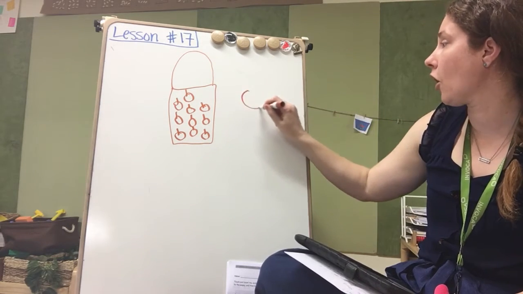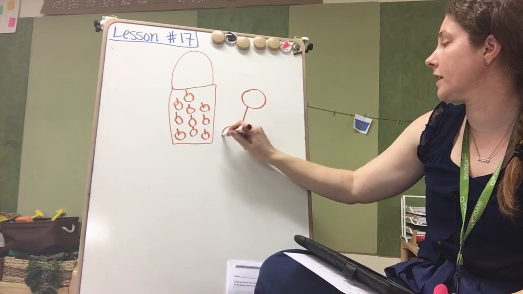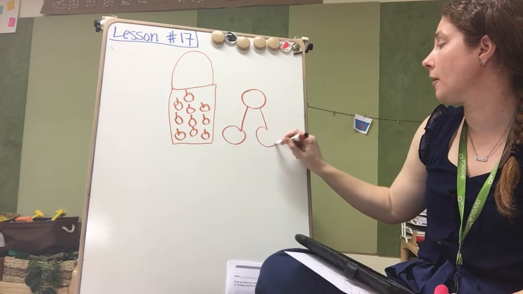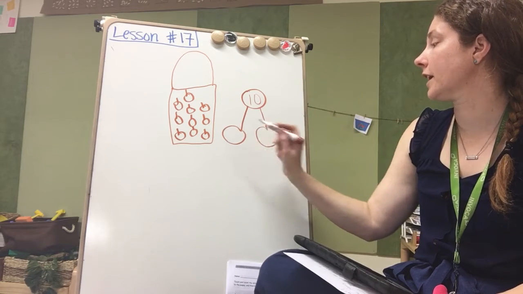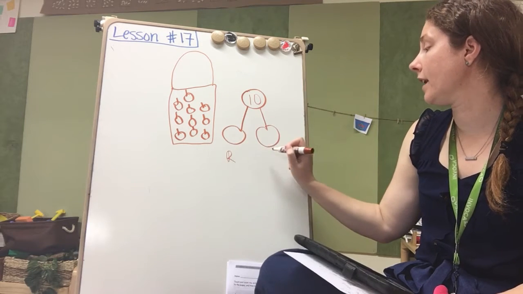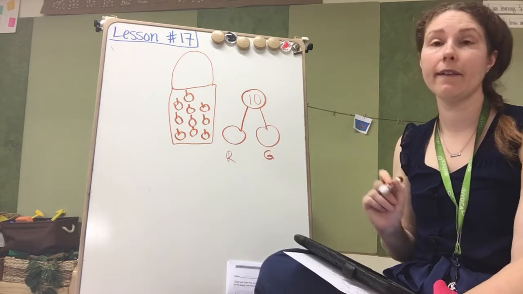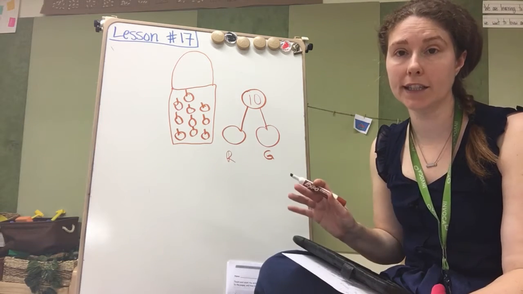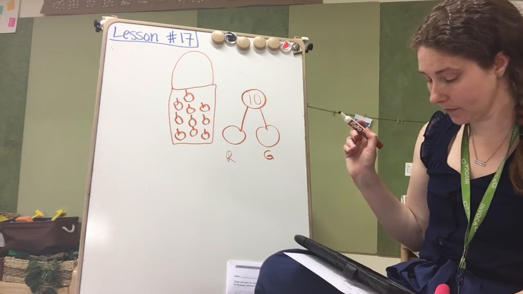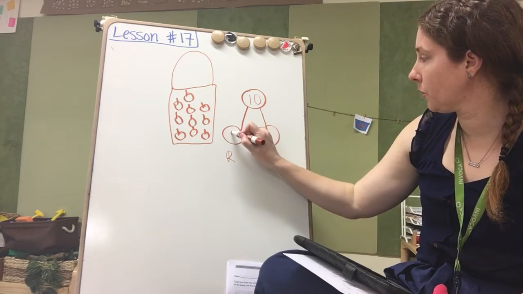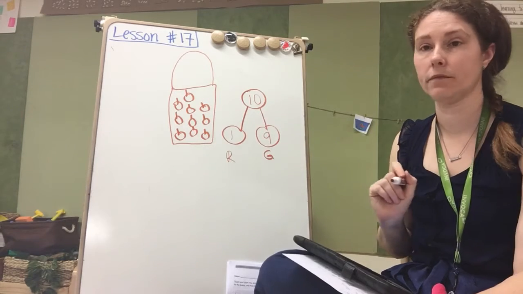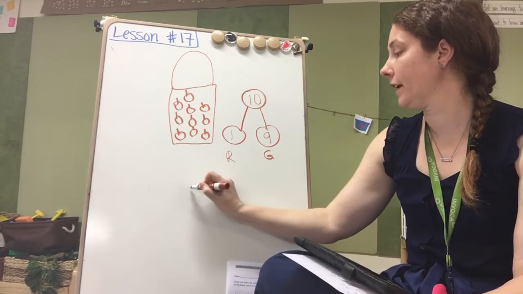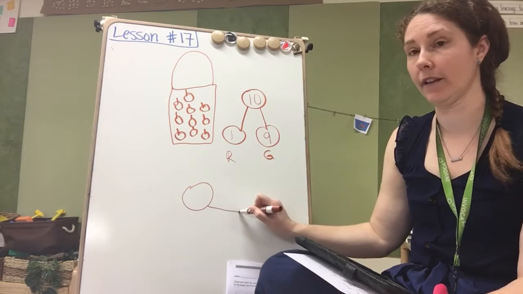So everyone's whole is going to be the same because Sammy's mom bought 10 apples. Now this is where it's going to differ. Some red, some green. And like I said, there's lots of different possibilities. I'm going to do 1 red and 9 green. That's one possibility. Now I'm going to do another possibility.